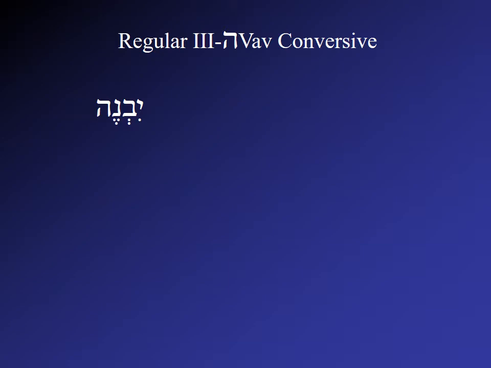Now if we then wanted to see the vav conversive, it will look like this, vayiven. Two things have happened here. One is that the accent has retracted to the first syllable. Second is we've lost our hey. So yivneh in the prefix, vayiven in the prefix vav conversive.